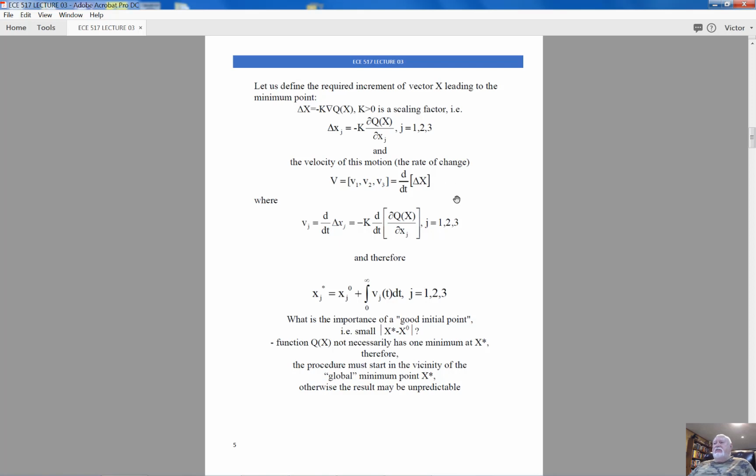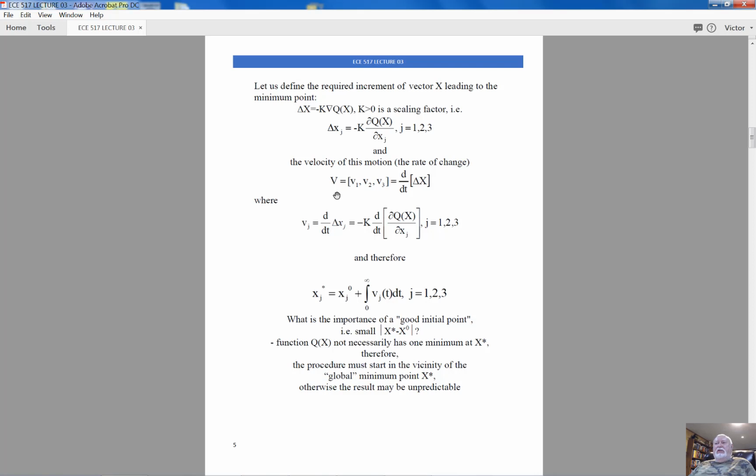It also makes sense to consider the rate of our motion, or the velocity of this motion, because we are supposed to repeat the steps again and again, moving closer and closer to the minimum point.